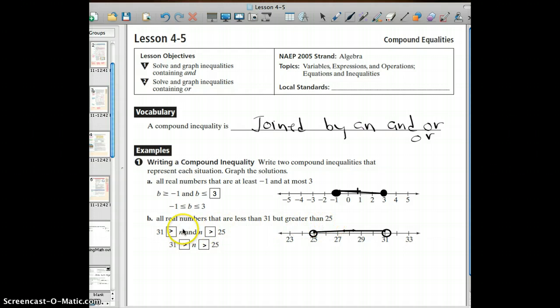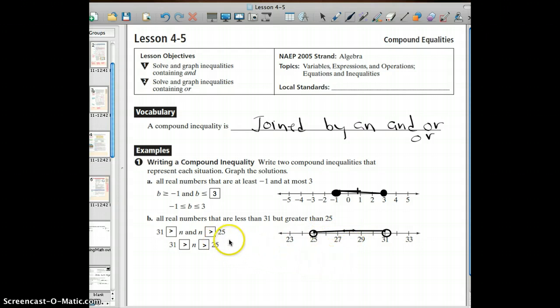So we look at numbers that are less than 31, so 31 is greater than n, and n is our number here. So that would be the graph 31, open circle because it's not equal to, going to the left to be less than. Now we don't continue that the whole way because we're looking for the overlap. That's what that "and" tells us. We want numbers that fit both pieces of this situation here.